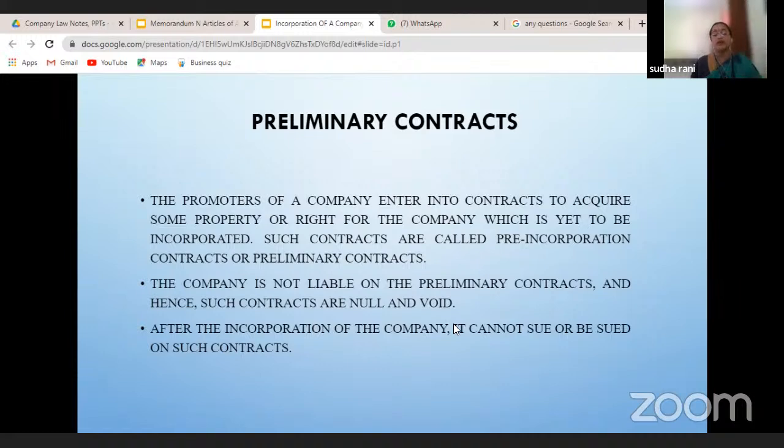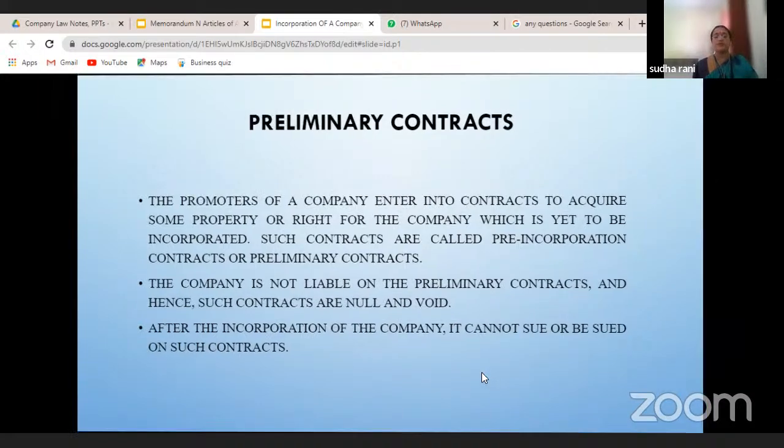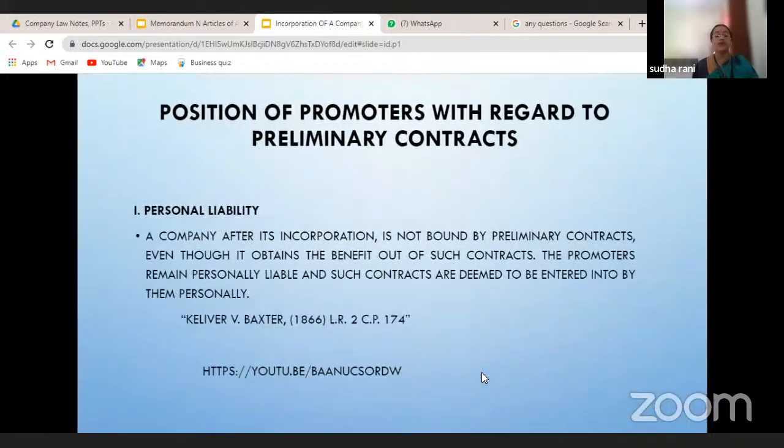It means they'll pay, but any disputes or differences will not be entertained. That's the reason why the promoter has to be careful, and the suppliers who are entering into preliminary contracts with the company have to be careful enough.